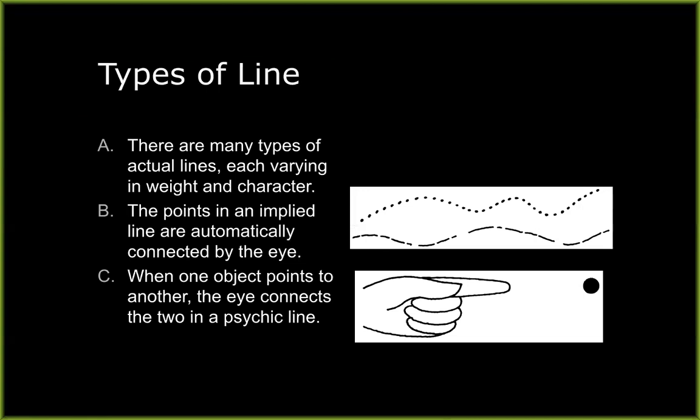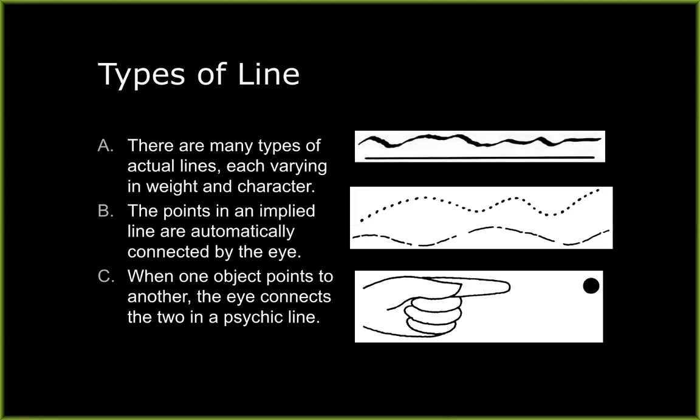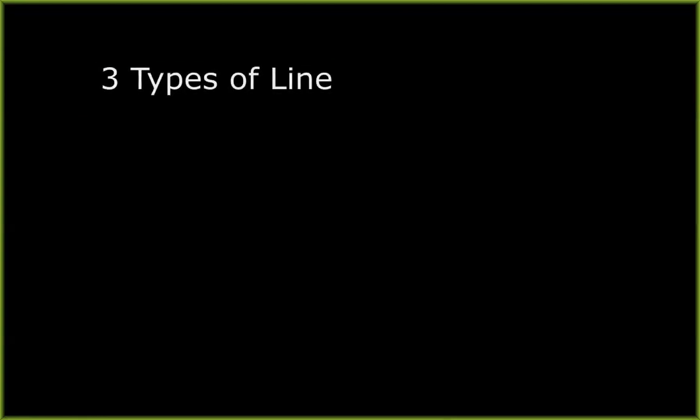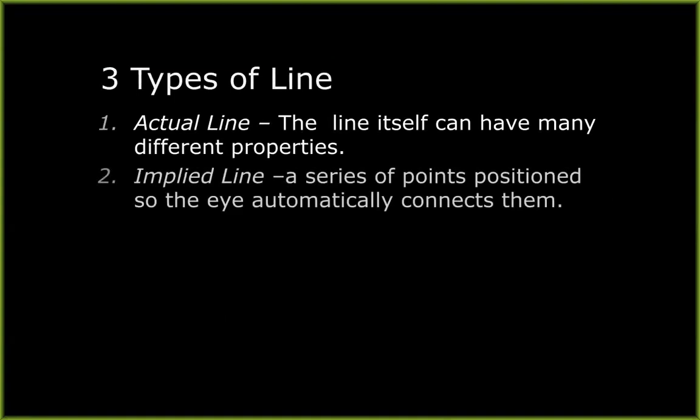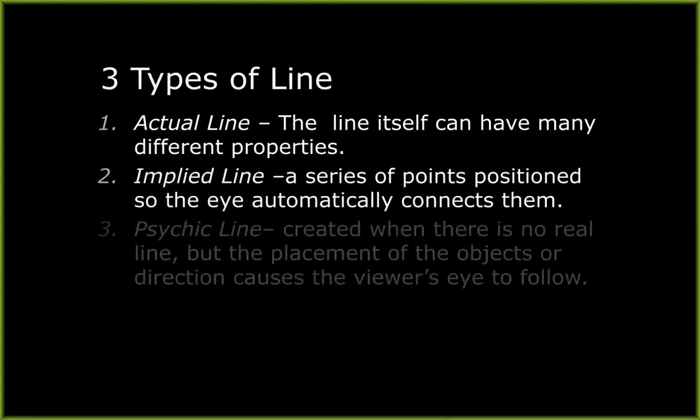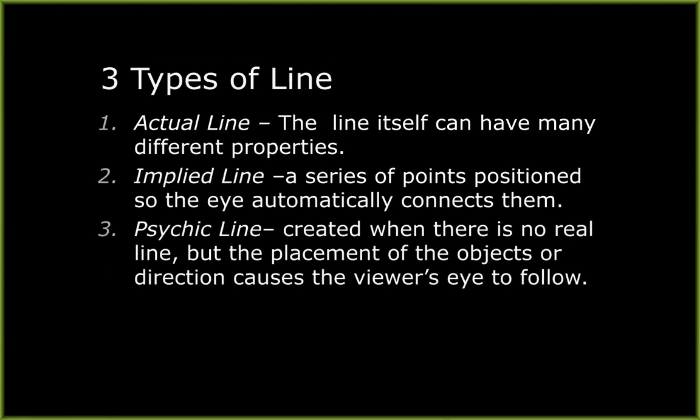And when we have two things pointing at one another, we tend to connect those as well in what is known as a psychic line. The different types of line, again, are the actual line itself, an implied line, or a psychic line.